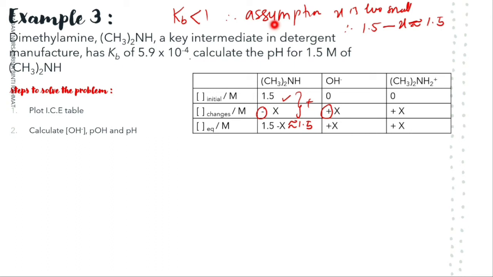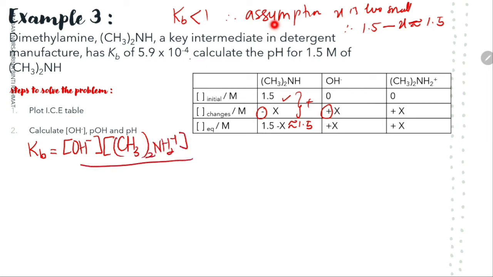Now let's calculate the X value. Kb is equal to the concentration of OH minus times the concentration of (CH3)2NH2 plus, over the weak base. Then you substitute the expression with the values in terms of X. So X squared over 1.5 minus X, and we already made that assumption.